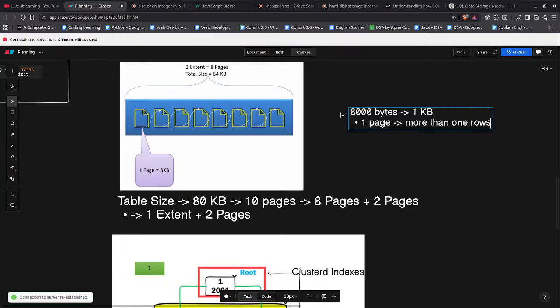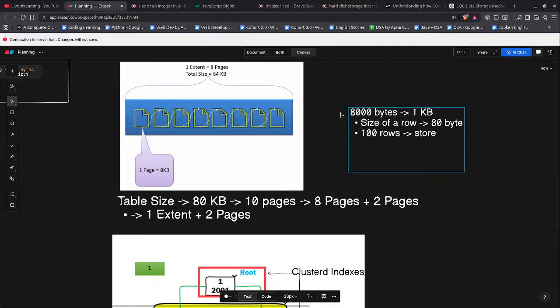As simple as that. Because in our case, the size of our row was how much? 80 bytes ultimately. So if we have 8000 bytes, it will be able to store 100 rows, as simple as that. So yeah, it does make sense now.